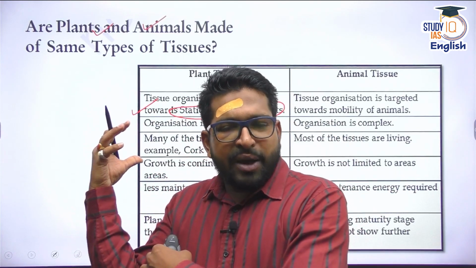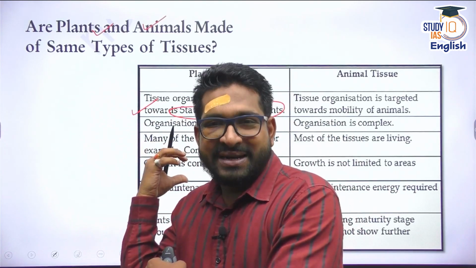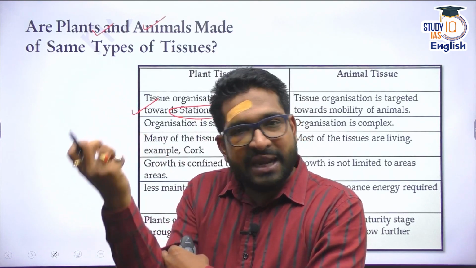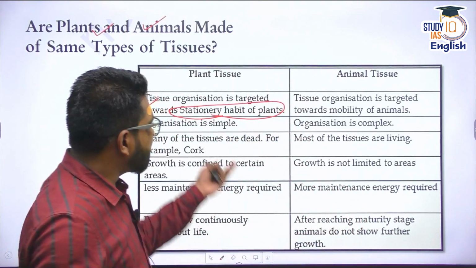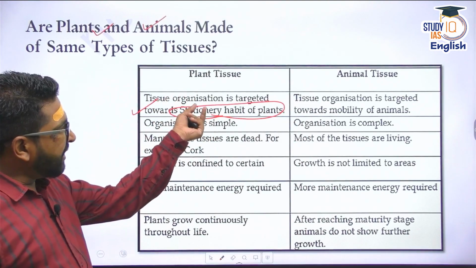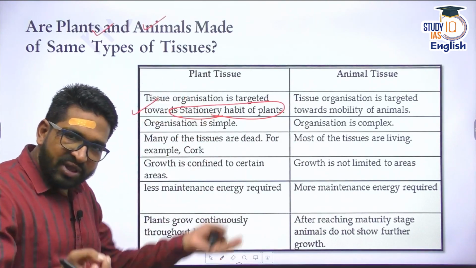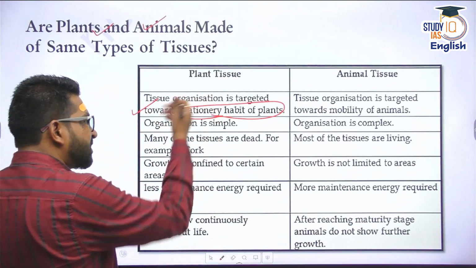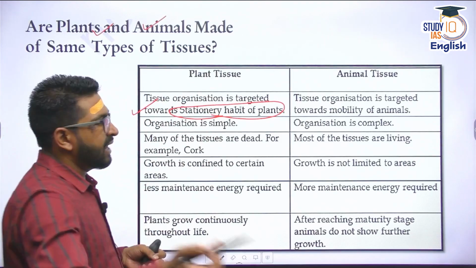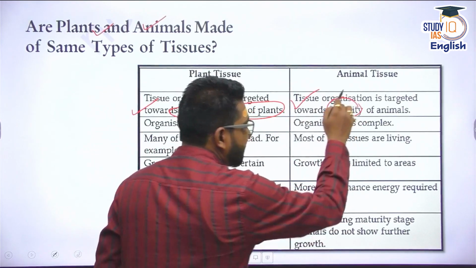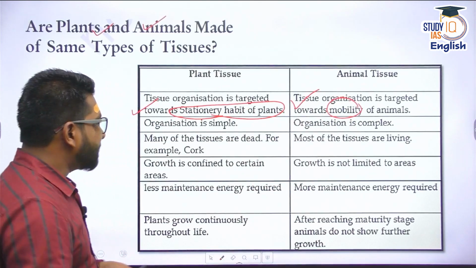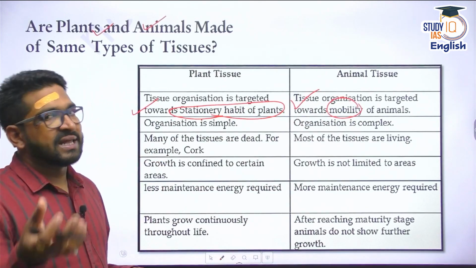But I do not find muscular tissue in plants. I do find muscular tissue in humans and animals, yes. But muscular tissue is not required in a plant. So in a plant, we find tissues which strengthen or which help in this stationary habit. For animals, they work for mobility, for example, muscular tissues.